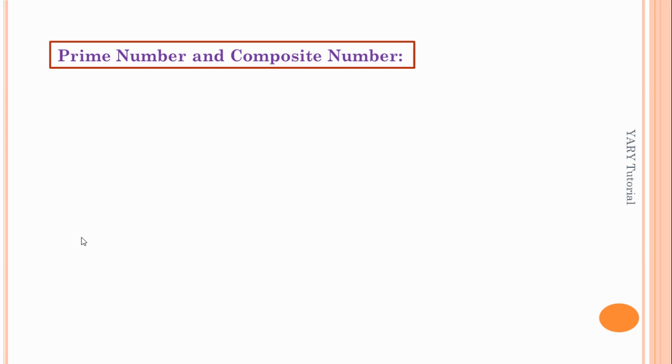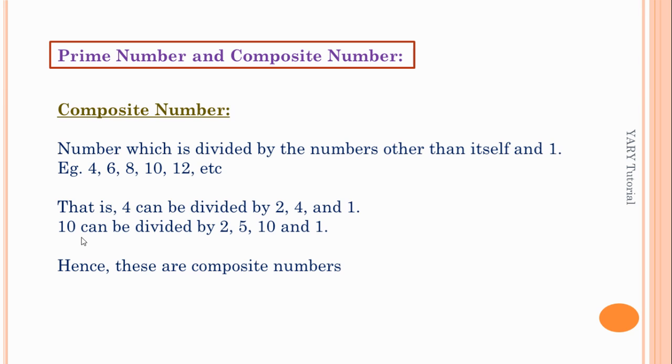Similarly, what is a composite number? Composite numbers are numbers which are divided by numbers other than itself and 1. It means there can be other divisors too. For example, 4, 6, 8, 10, 12, 14, etc. are all composite numbers.